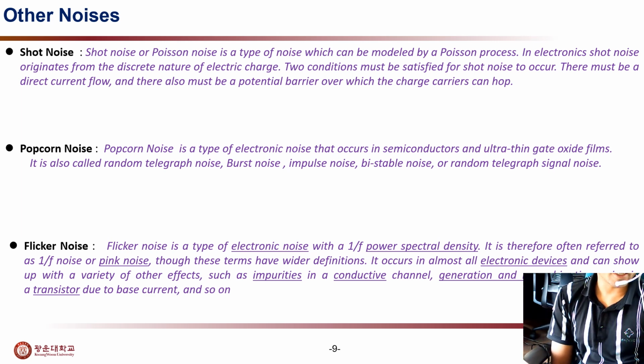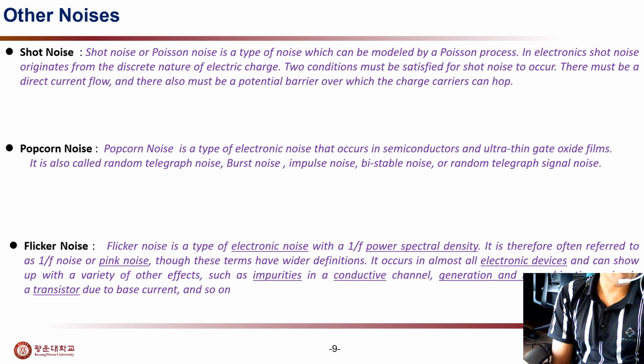Flicker noise is a type of electronic noise with a 1/f power spectral density. That means it is the inverse of frequency, where f is the frequency. It is therefore often referred to as 1/f noise or pink noise.